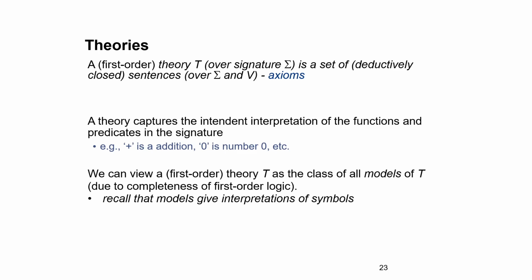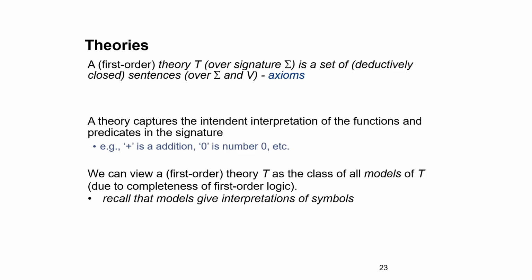So it's a set of properties that our signatures need to have, and what we capture is the intended interpretation of the functions and predicates in the signature.